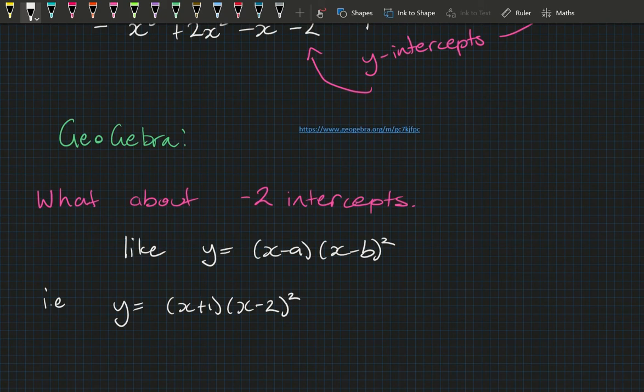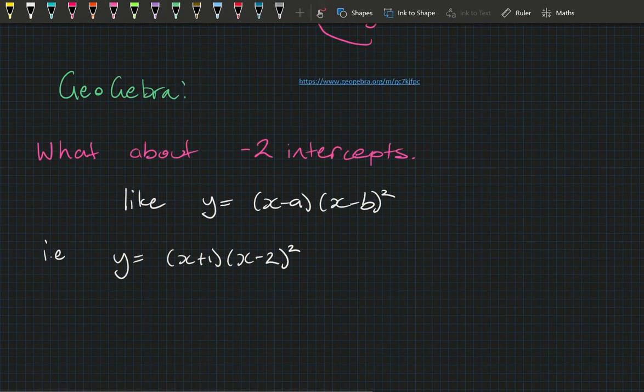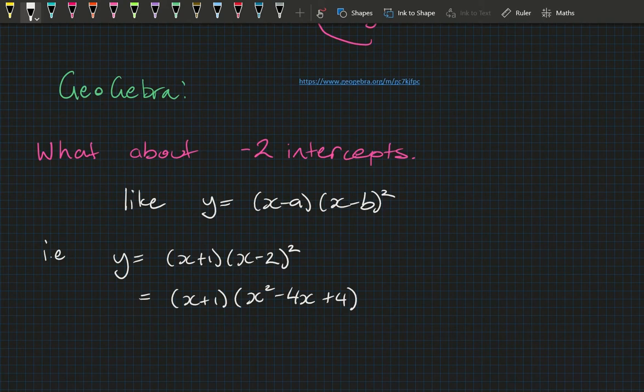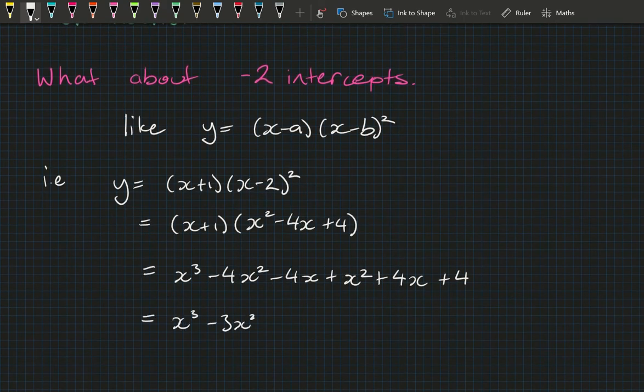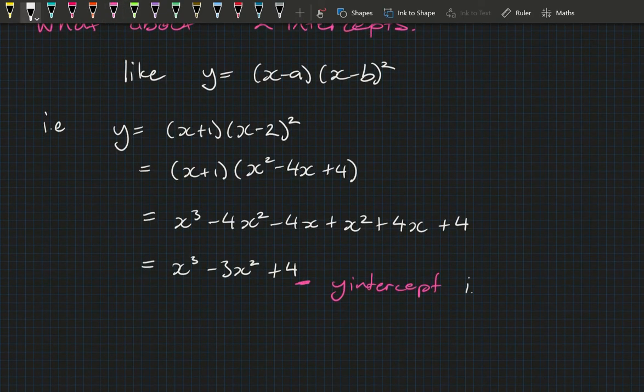So we've got (x plus 1) times (x squared minus 4x plus 4), simply expanding that square. And I'm going to quickly expand this whole expression. And when we collect like terms, we end up with x cubed minus 3x squared plus 4. So clearly, plus 4 is a y-intercept, i.e. when x is 0, y has to equal 4.